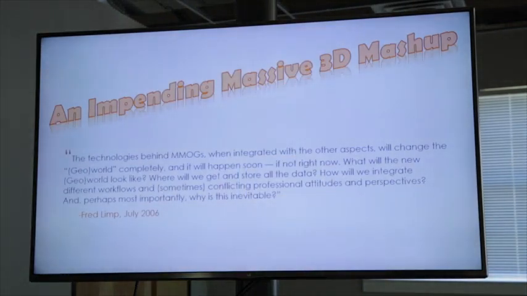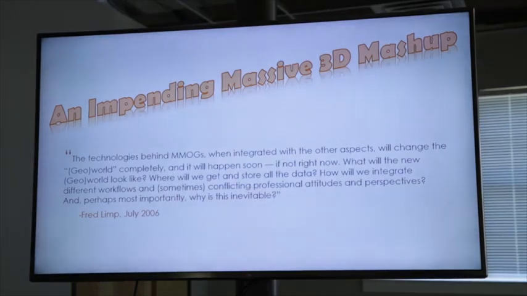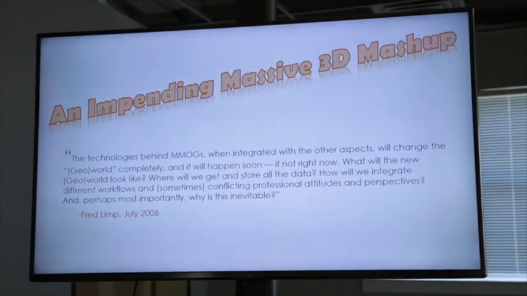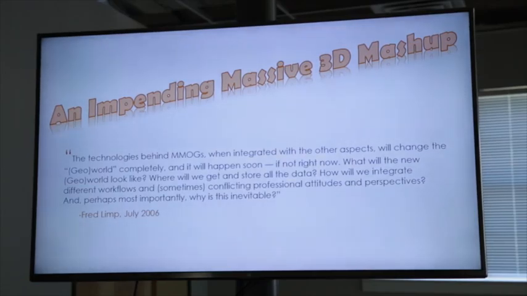So, back in 2006, our founding director, Fred Limp, was involved in writing an article that was published in a magazine then called Geoworld. And his concept was the idea that there were at least 3 different industries out there: gaming, AEC, and geospatial, that were all really trying to do the same thing.